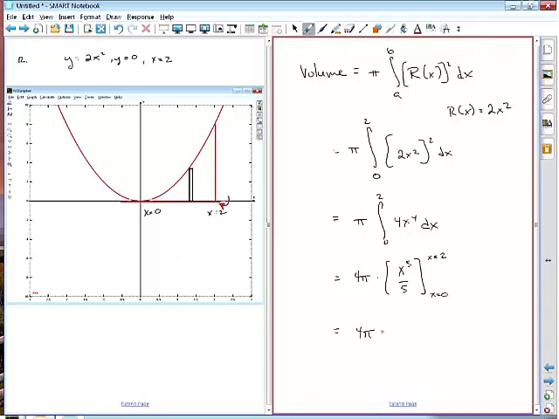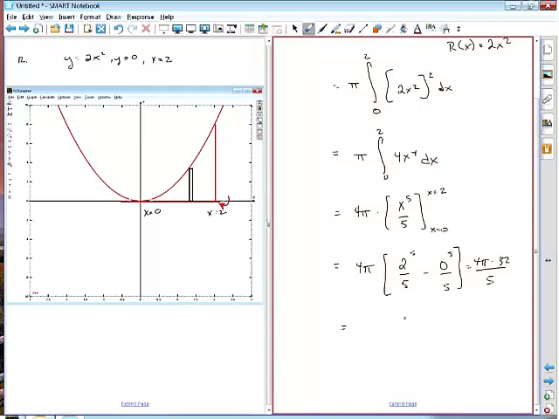So we have 4 pi times 2 to the 5th over 5 minus 0 to the 5th over 5. And 2 to the 5th, 2 times 2 is 4, times 2 is 8, times 2 is 16, times 2 is 32. So we'll have 4 times pi times 32 divided by 5.